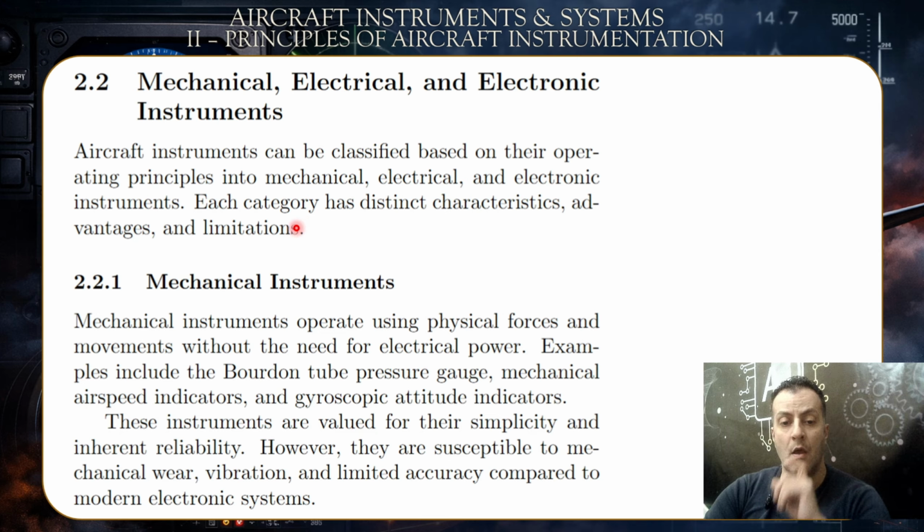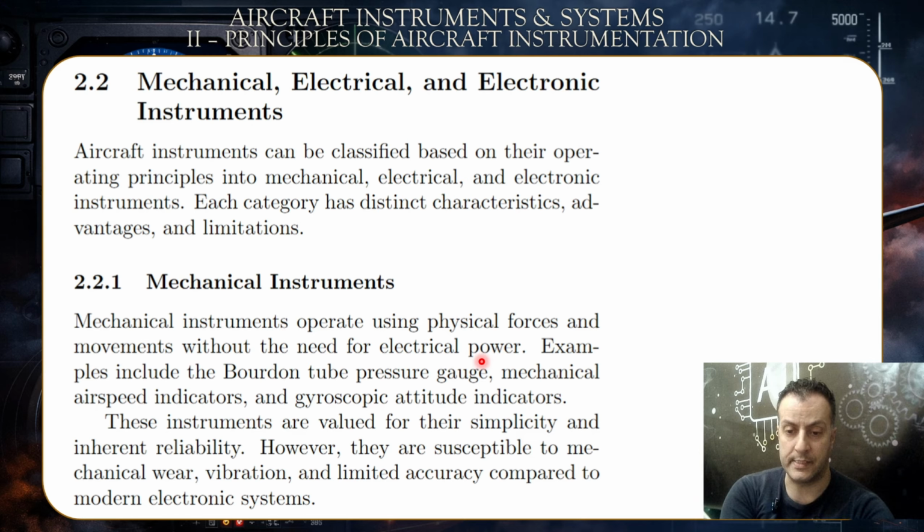Now, mechanical instruments operate using physical forces and movements without the need for electrical power. Like what we've seen with the altimeter, the attitude indicator and the ASI, you see the instrument being moved by the air pressure itself to indicate a specific value for the airspeed, the vertical speed or the altitude.